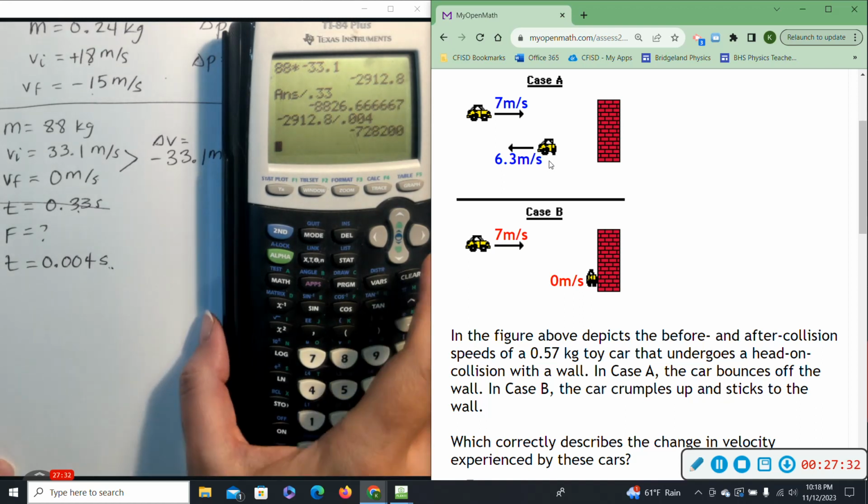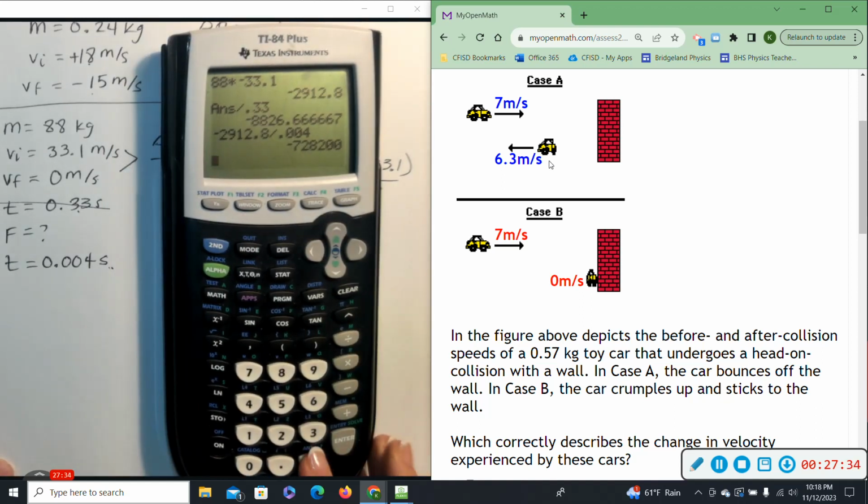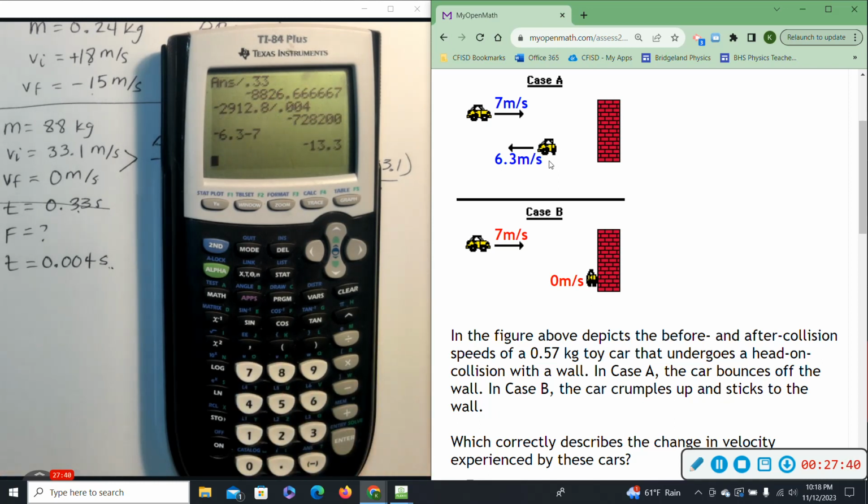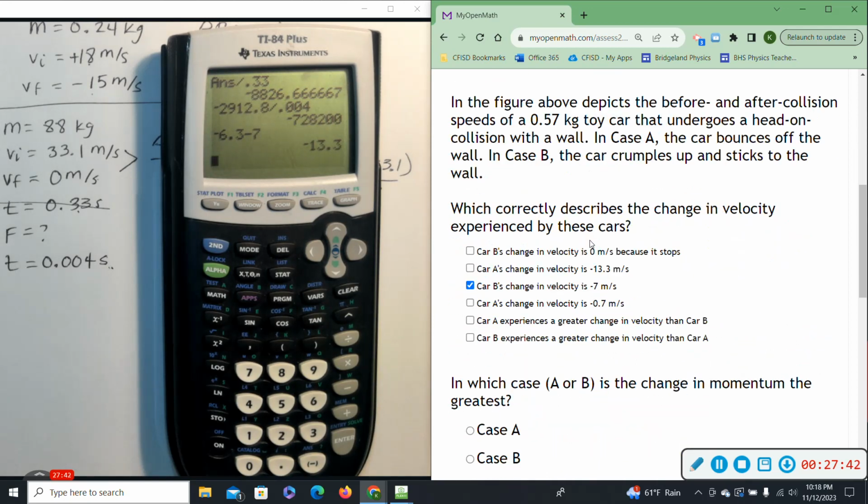And so if I go to find my change in velocity here, it's -6.3 is my final velocity minus my initial velocity of 7. And it's a bigger change, 13.3 meters per second. That's the change. So that's what we're going to say for car A. Its change in velocity is -13.3 meters per second. So we have the two changes already figured out. But there's a couple statements down here that we need to look at as well.